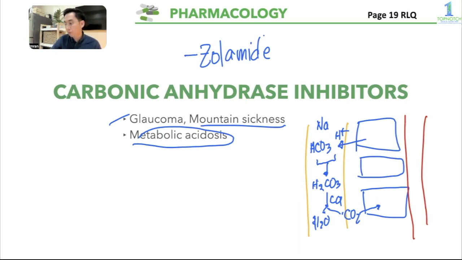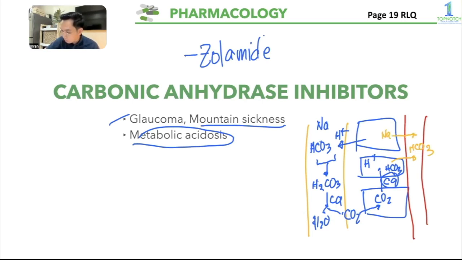Your proximal convoluted tubule. Now, si CO2, magdi-dissociate din yan to bicarbonate and H+, no? Using your carbonic anhydrase ulit. So, si bicarbonate ngayon ay papasok siya doon sa loob ng katawan natin or dun sa blood, dun sa intravascular space or the systemic circulation natin, kasabay ni sodium, no?